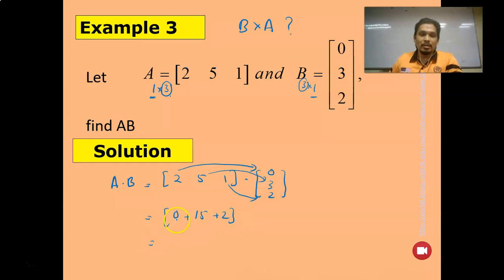So then 0 plus 15 plus 2 equal to 17. This is 1 times 1, right? Look at this one here now. It's 1 row and 1 column. A matrix of 1 times 1.